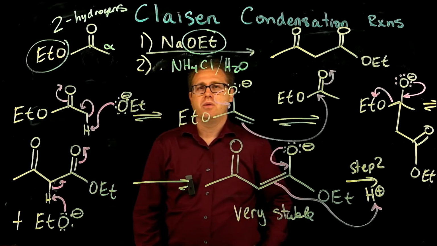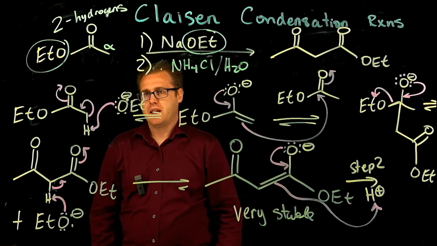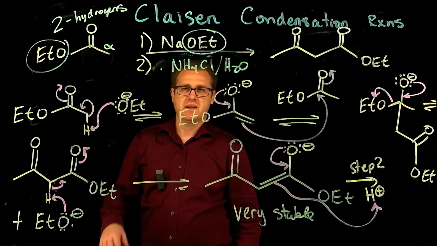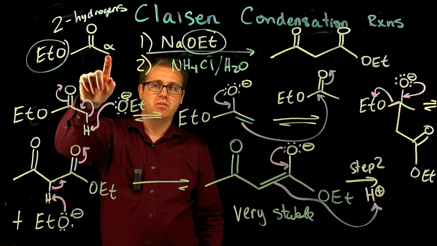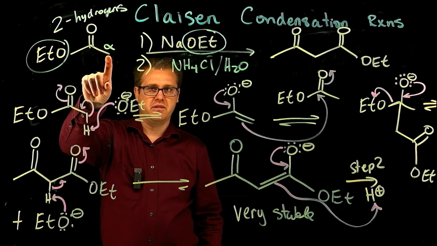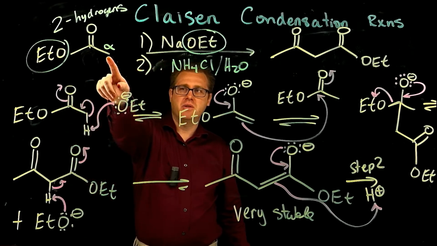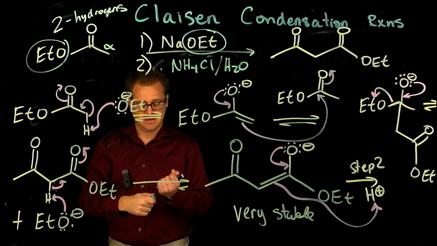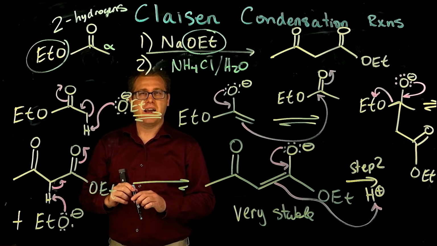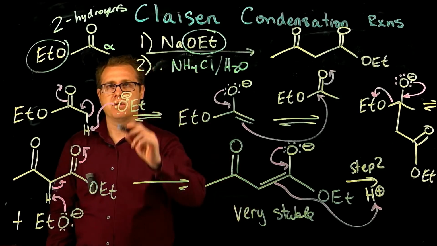Now what I want to show you is highlighting the importance of why you have to have at least 2 alpha protons in your starting material. So what I want to do is take this whole mechanism and just add some carbons and highlight why that is such an important rule.